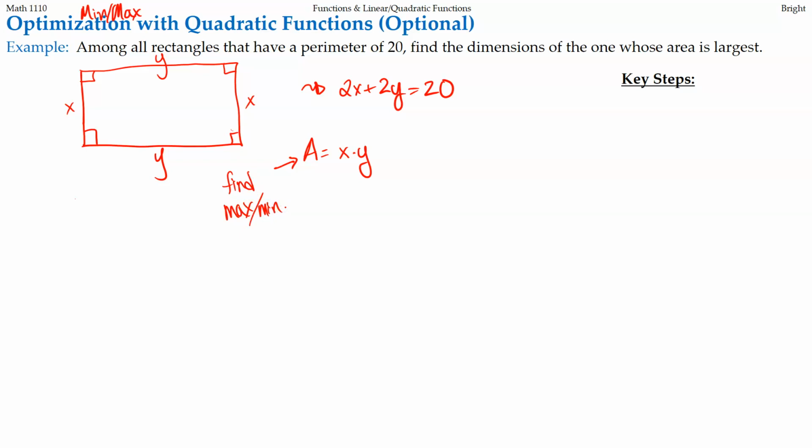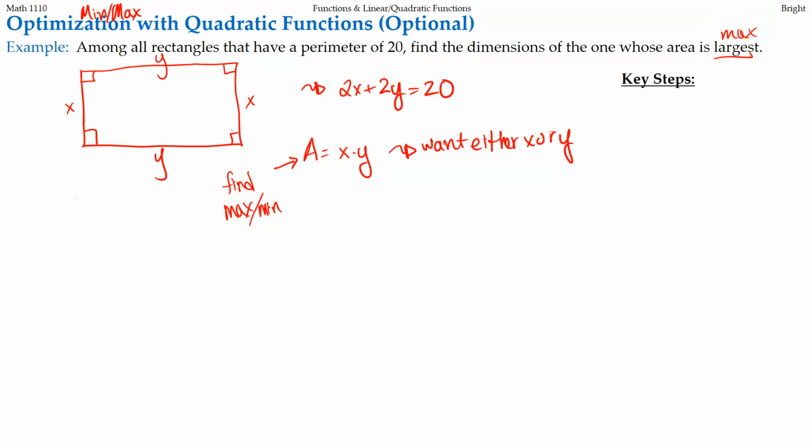So I want to leave that, but I want to simplify the variables so I only have either x or y. And if I want to find the largest, that's going to be looking for a maximum value.